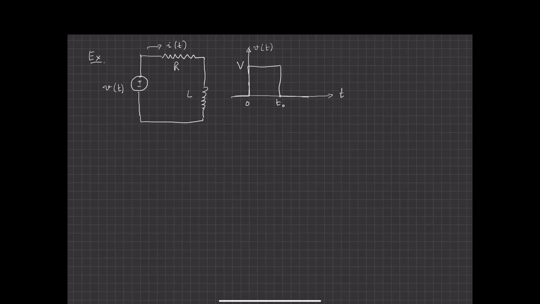So first, let's write down the expression for v of t, as we did in the previous lecture. V of t is simply v times, because I can represent this pulse function as a sum of unit step functions, u of t minus u of t minus t naught.